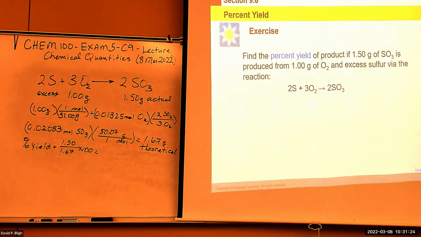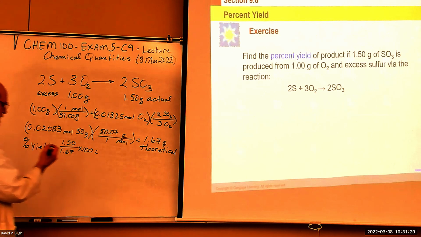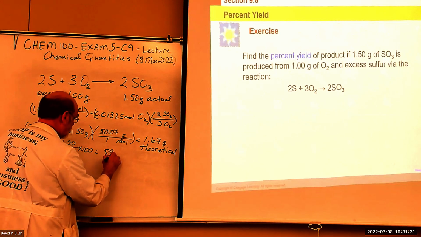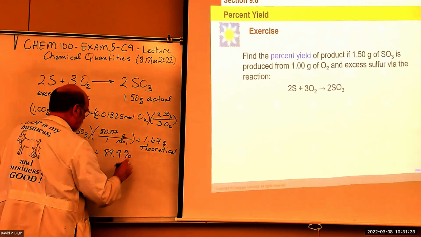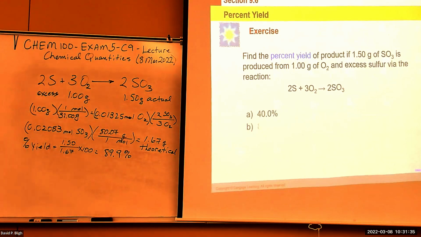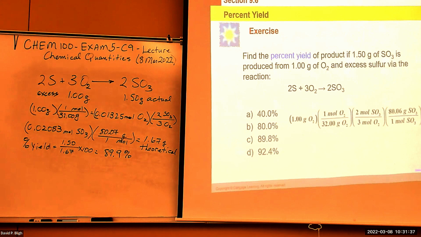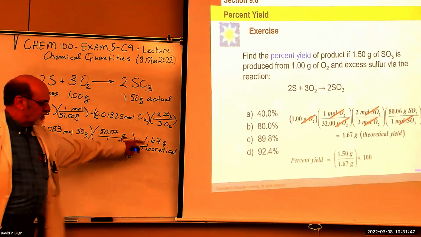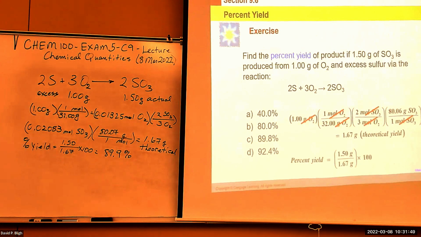And I get 89.9% yield. Now, rounding error, 89.8. I know what happened. I rounded it here, but I didn't round it in my calculator.